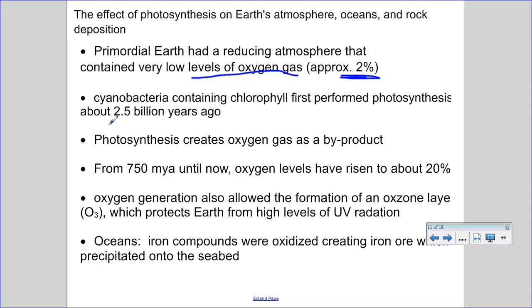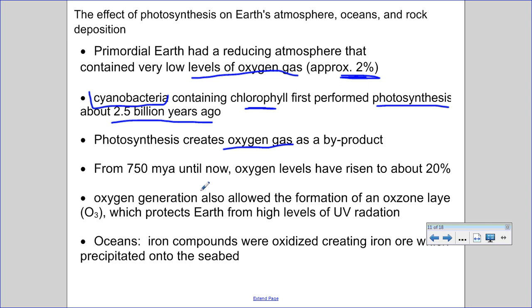Now, somewhere about 2.5 billion years ago, a type of bacteria called cyanobacteria containing chlorophyll started performing the first photosynthesis reactions. And those photosynthesis reactions started creating oxygen gas as a byproduct.